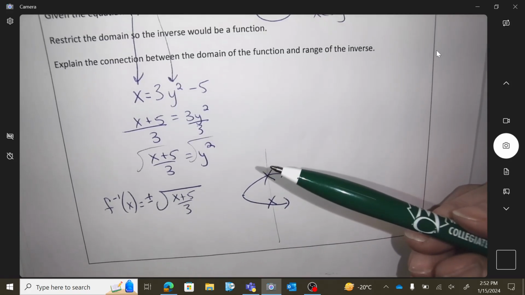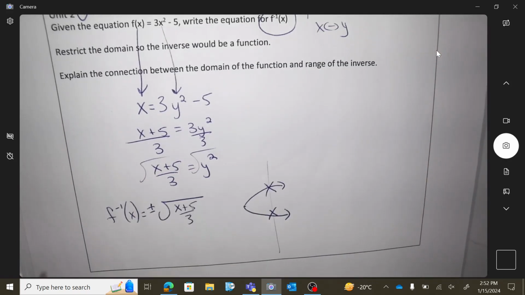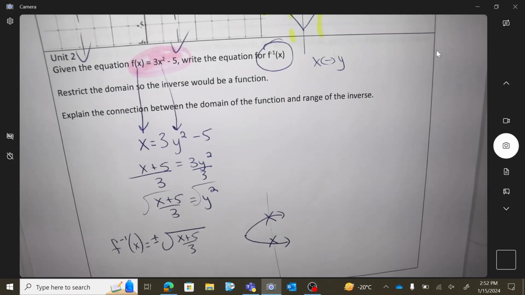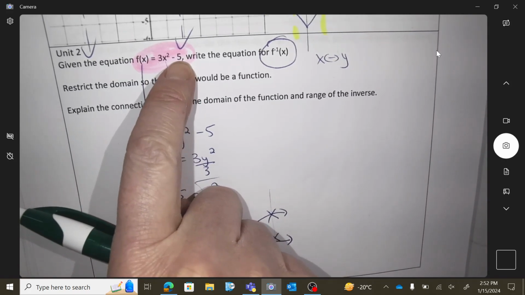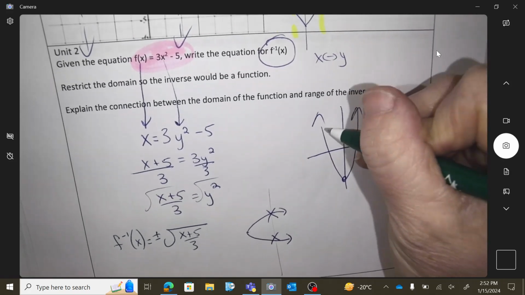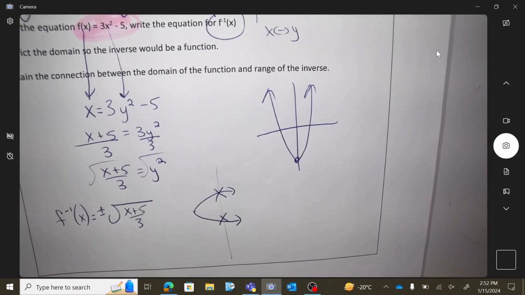Okay, so let's talk about the restriction. Do we know how to graph that? Do you know what that looks like? Parabola, what about it? Where would it kind of start? Negative 5. It would just look like this. That's all it would do, right? So what do you want to do?